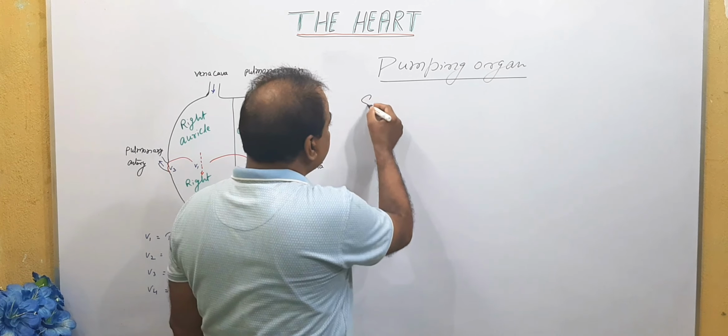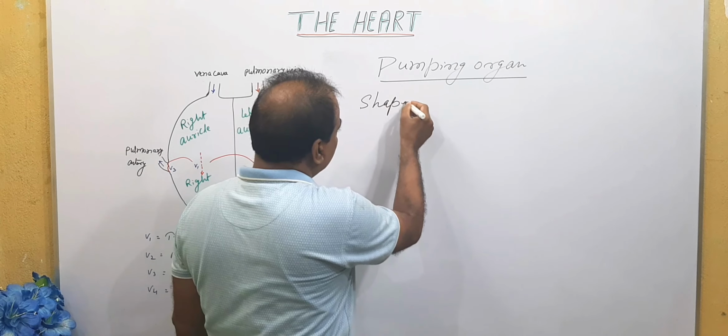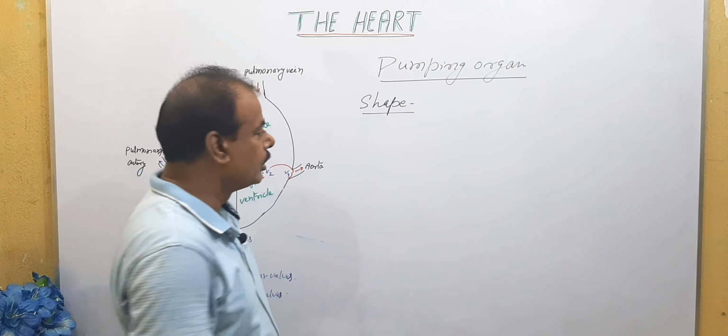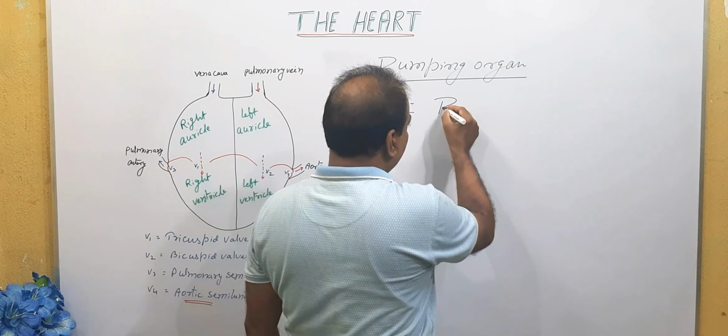So the shape of the human heart is roughly triangular.